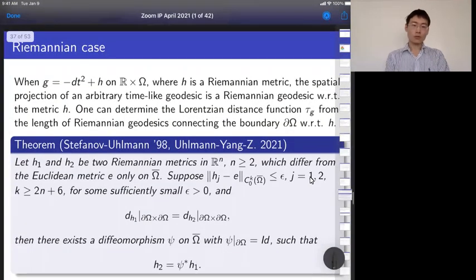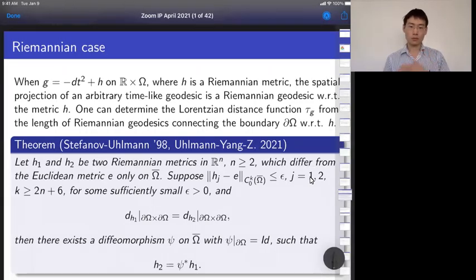Also, if we consider the special case where the metric has this product structure, negative dt squared plus some Riemannian metric h, then if you take the projection of the time-like geodesics, it gives you a geodesic with respect to this Riemannian metric h.